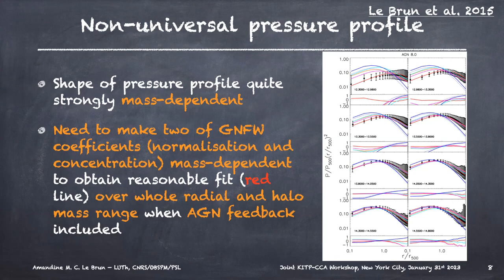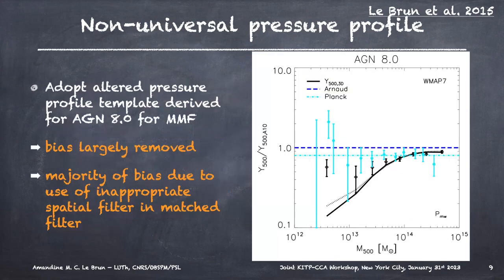And if you substitute the blue line by the red line in the filter, you get this for this AGN model. So you've largely removed the bias.